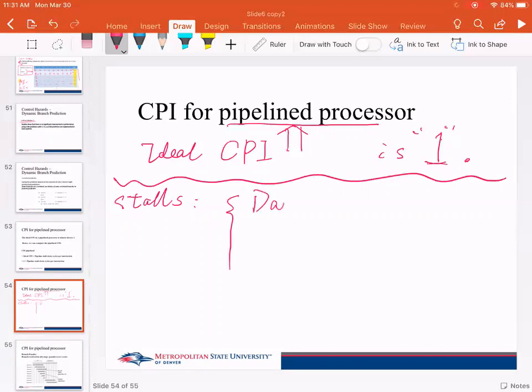One is caused by data hazards, because you do have a lot of data dependency in the instructions. The other is caused by branching or control hazards.